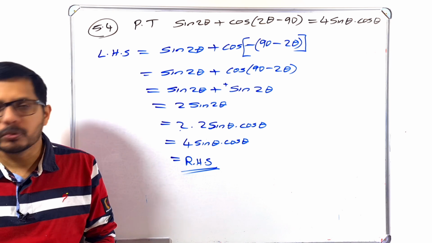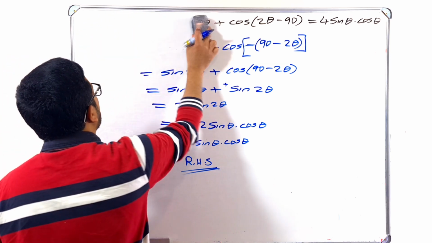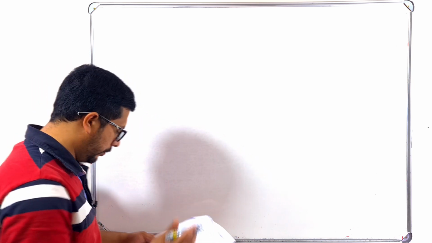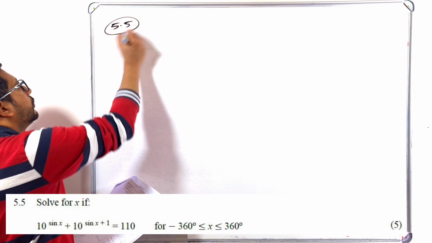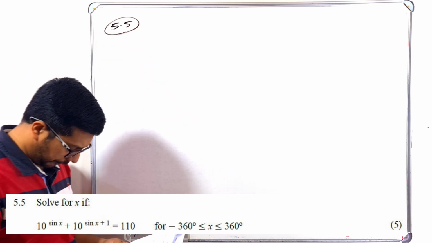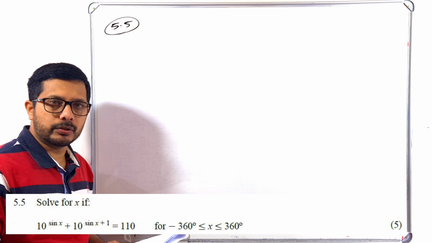Now let's move to question number 5.5. Okay, next question, 5.5. What is that question? Solve for x. That means you have to find the values of x.